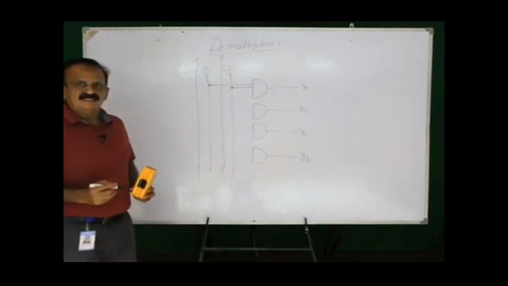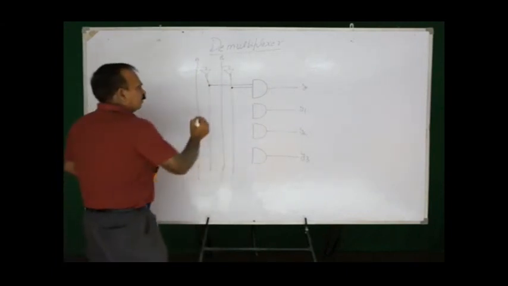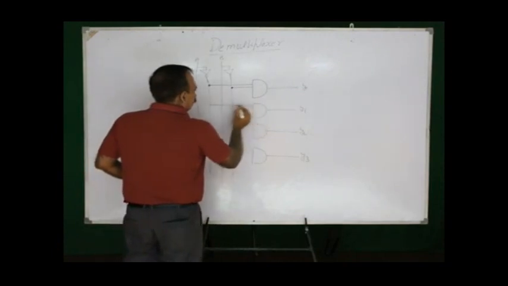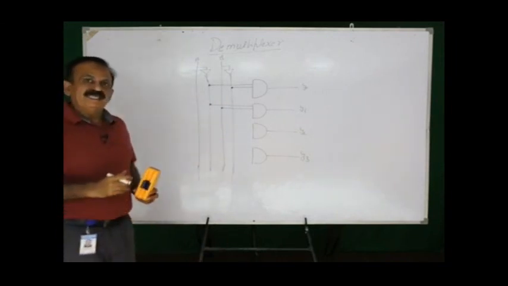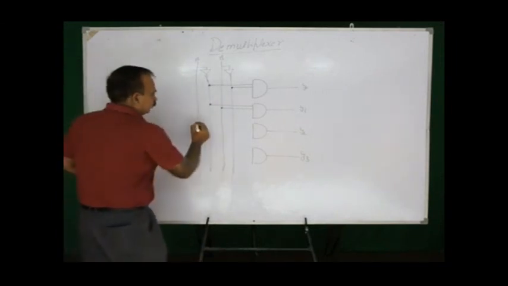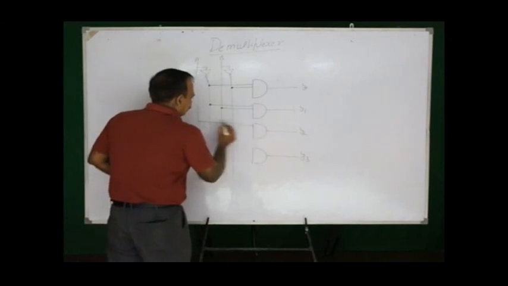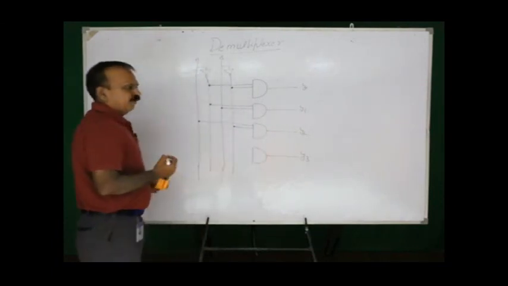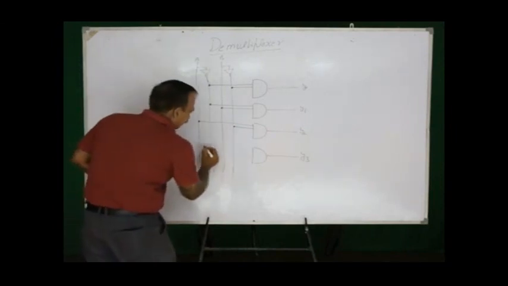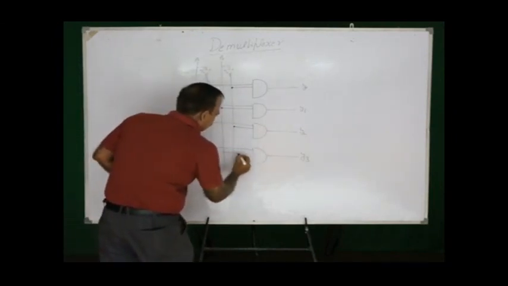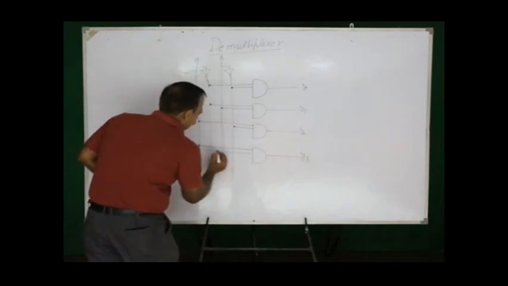The next is 0 1, so I will be connecting with 0, that is A bar, 1, that is B, A bar and B. The third is 1 0. Now 1 0 will be A and the second one will be B bar, A and B bar, and the last is AB. This will be connected A and this is connected B.